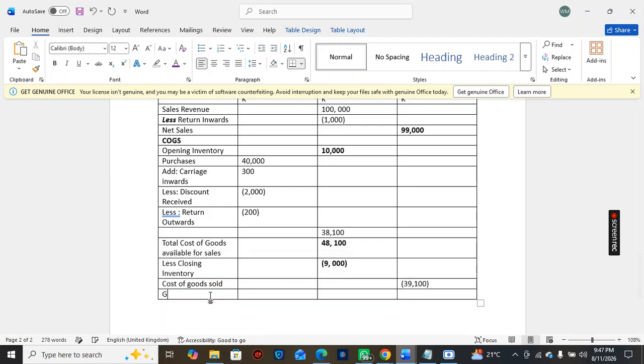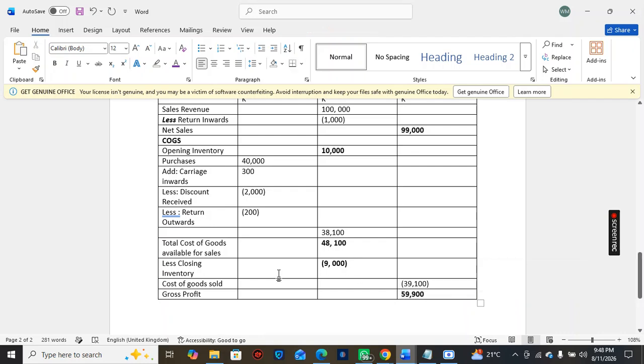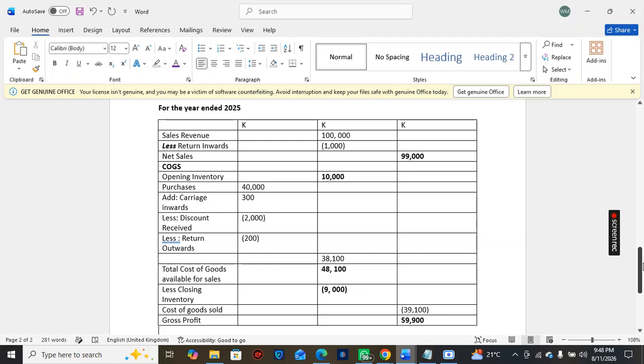We're going to say gross profit 99,000 minus 39,100, 59,900. Yes, that is our gross profit. Any questions? So this is the format you need to put when you are making a trading account.